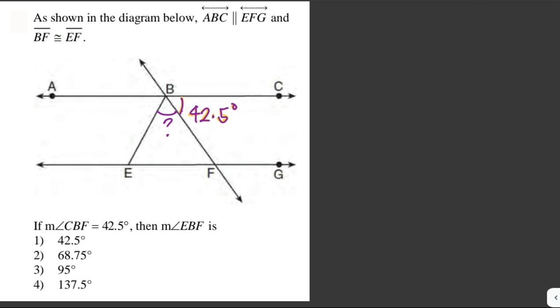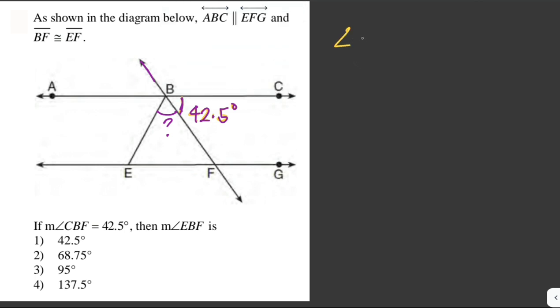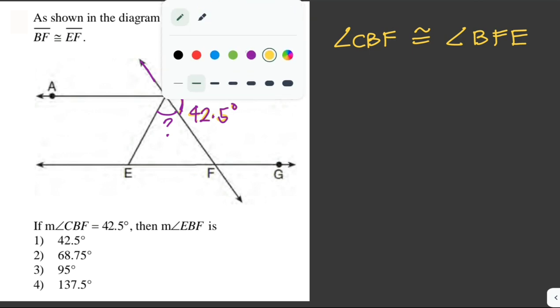Okay, since lines ABC and EFG are parallel and cut by a transversal BF, this line here, that means angle CBF is congruent to angle BFE because they are alternating angles, and so they are congruent.